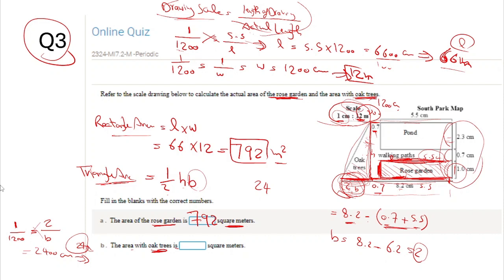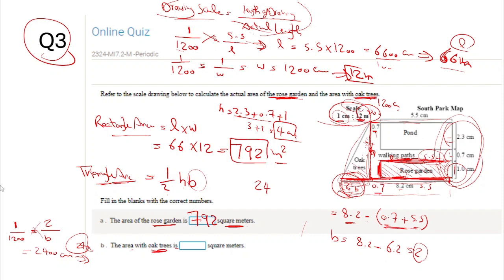So this is the height. So I will say the height will equal 2.3 plus 0.7 plus 1, right? It means this one is 3 plus 1 equal 4 centimeters. This is the length of drawing.